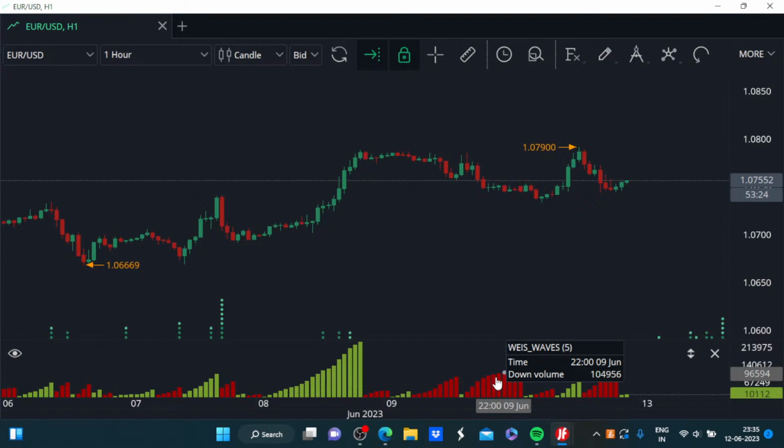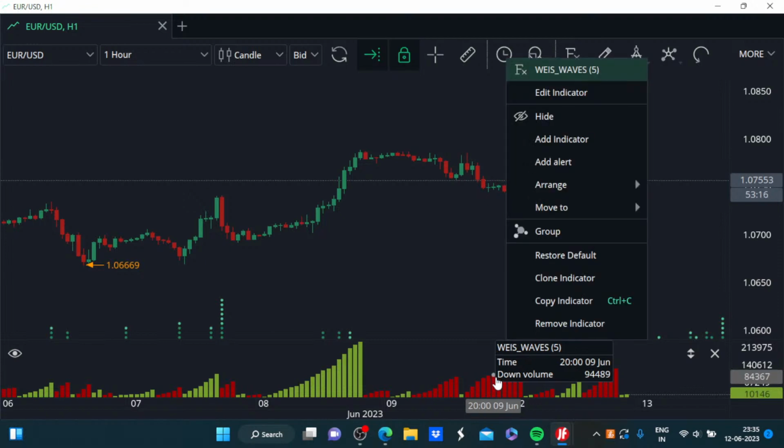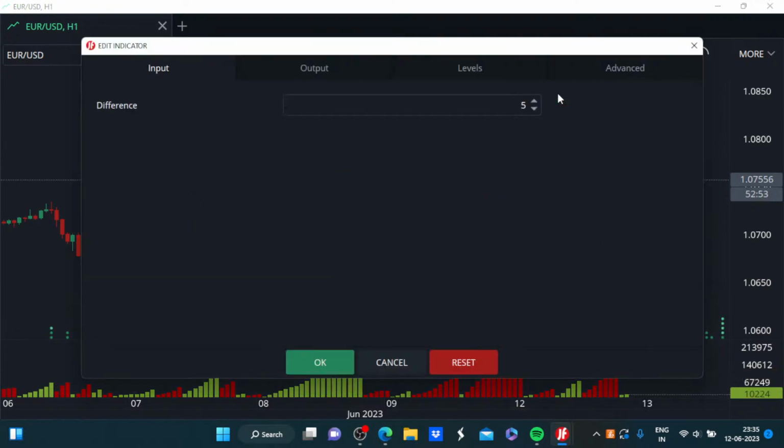Let us consider what we can do in terms of editing these indicator's input parameters. It is taking some time.